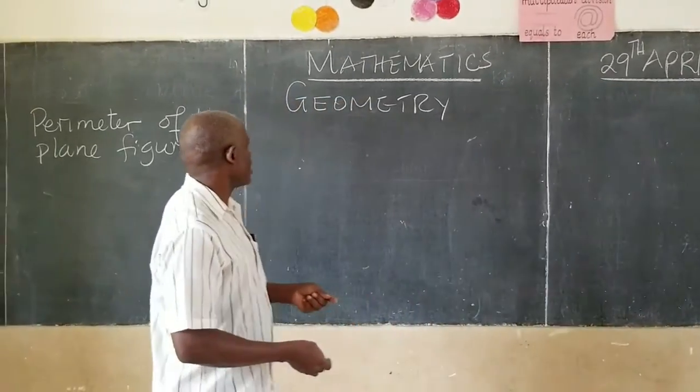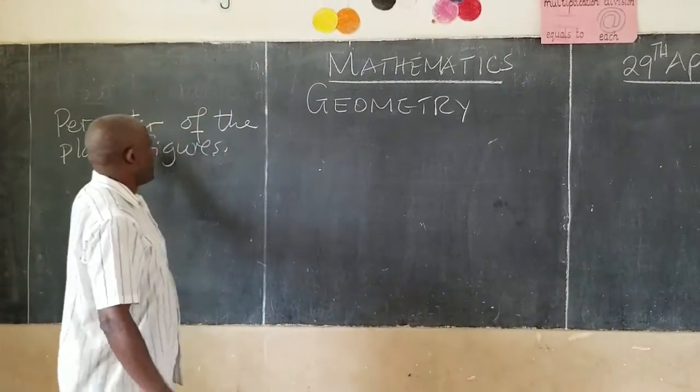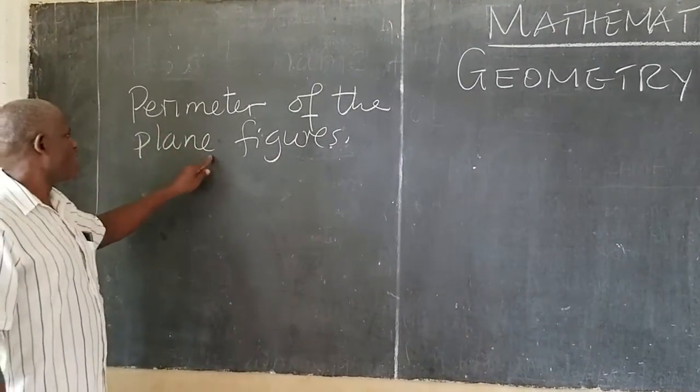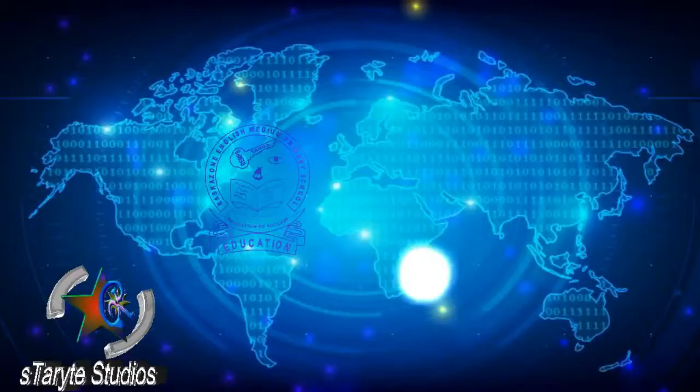Today, we are going to see a part of geometry, which is perimeter of the plane figures.